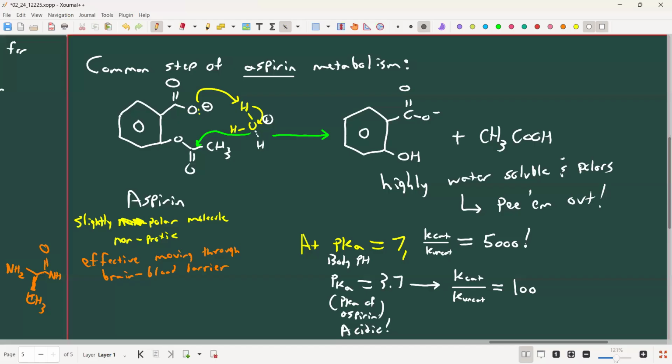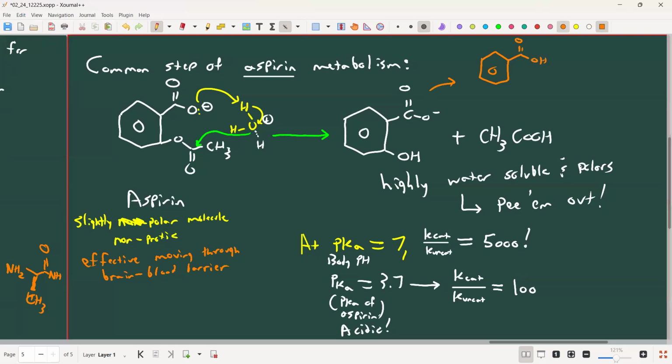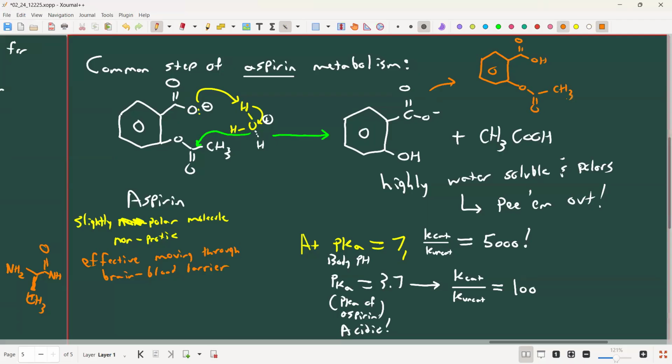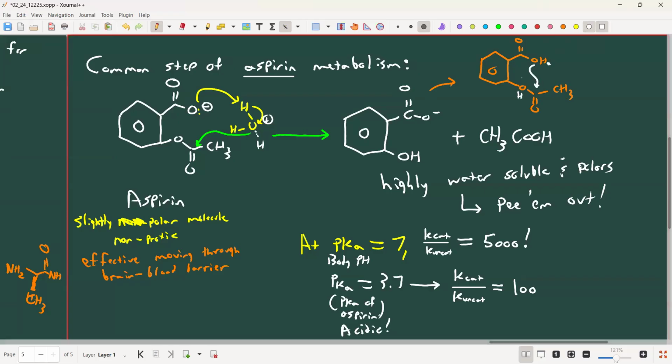But another way I could write this is to write this in its acidic form, its conjugate acid. Like this. Maybe I want to make this OH. And this can act as a nucleophile. We get an H here from protonation, and this gets kicked off.